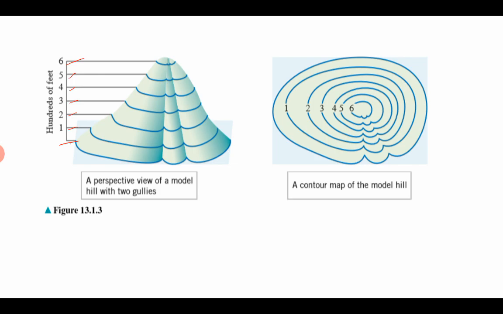On the right side, for height level 6 you get the smallest curve inside. For height level 1 you get the curve here. For height level 0 you get the outermost curve. This is the projection of the intersections on the ground. So on a map you can use this to represent the heights of the mountain.